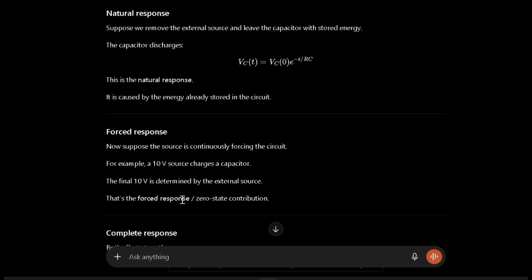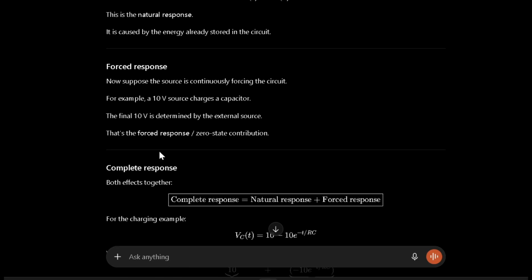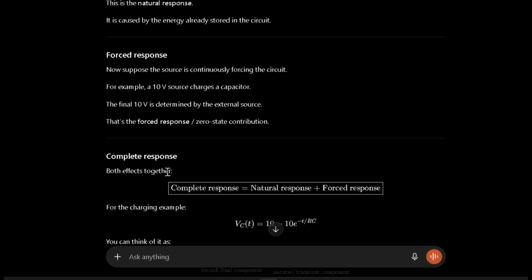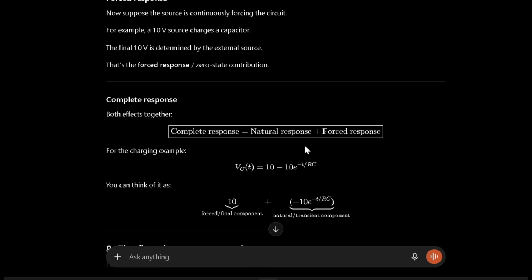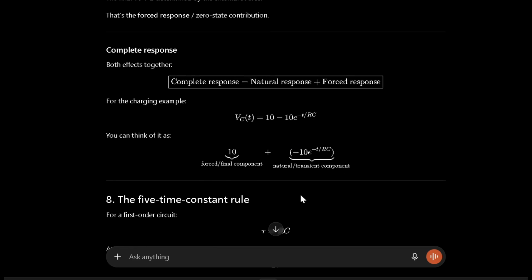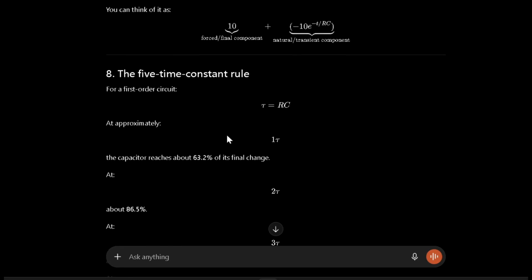That forced response is 10 volts. Then the complete response is both effects combined: natural response plus forced response. Here we get this equation. This is the forced final response, and this is the natural response.